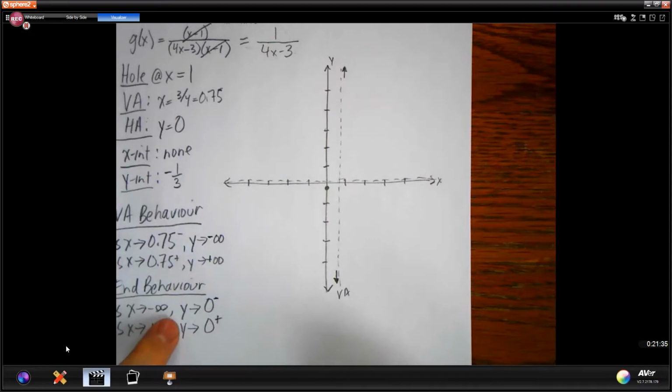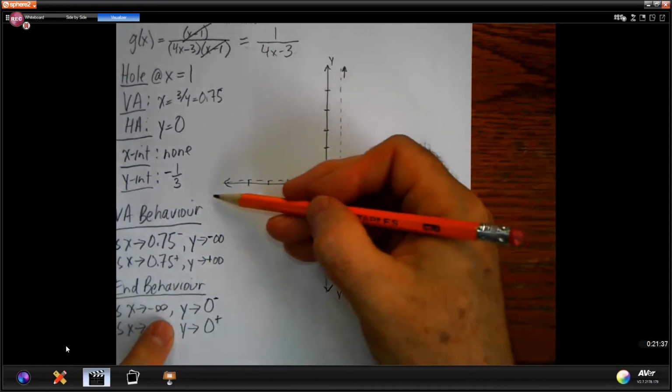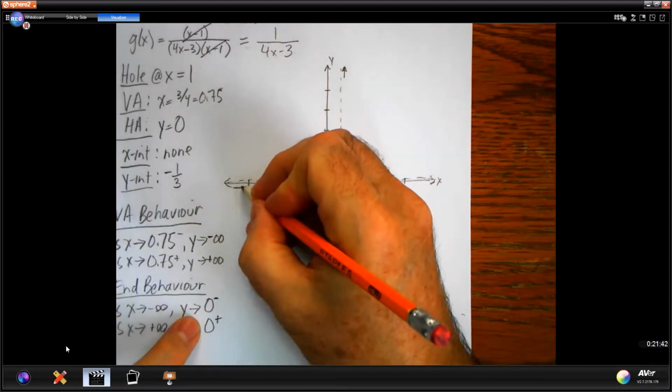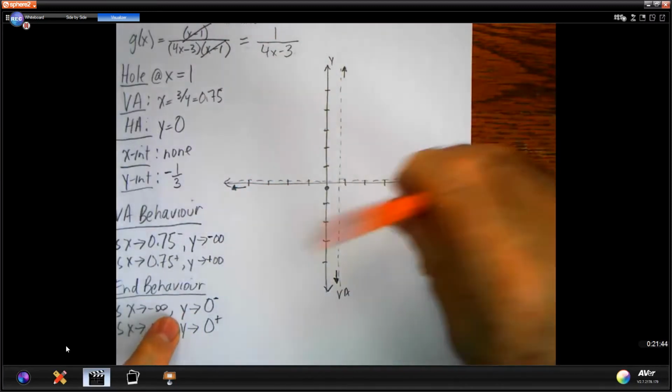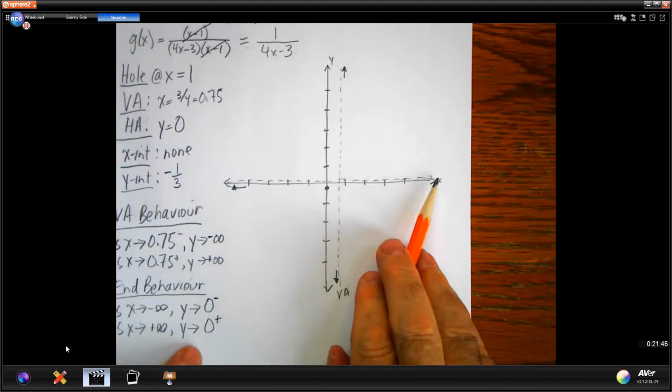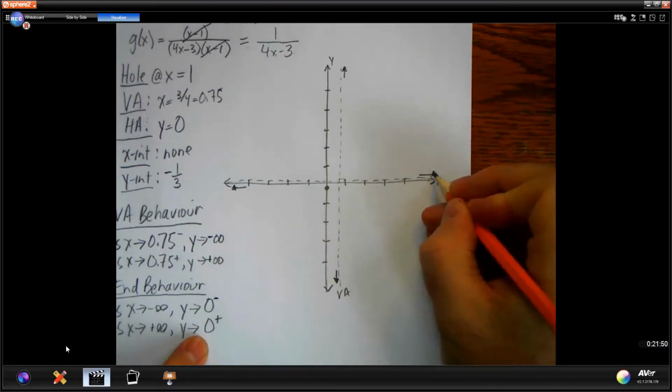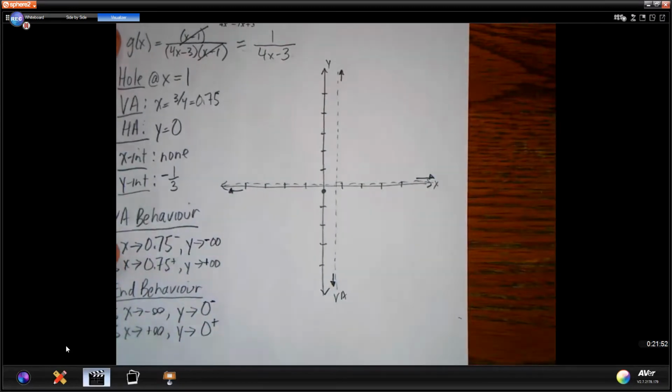And then the end behavior. As I'm going towards the extreme left, I'm coming from below 0. And as I'm going towards the right, I'm coming from above, the positive side. Okay, so I plotted all the information.